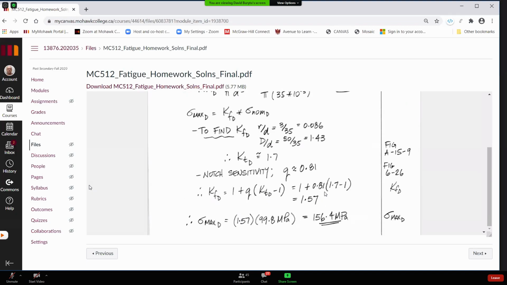And then at the shoulder, we know the radius is 3 millimeters and the little d. So we do our r over d and D over d to find our KT value. And then we go to figure 6-26, and these are all to the 11th edition. The q value I got is 0.81, so I can calculate my Kf, which then I can use to calculate my maximum stress at point D.